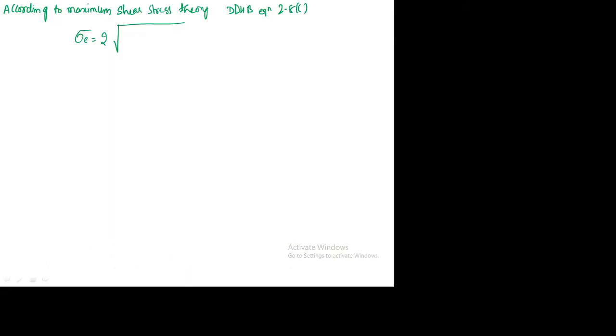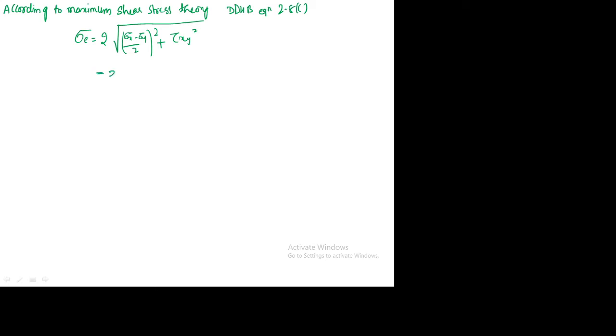Maximum shear stress theory, 2.8c. So sigma E equals 2 square root of (sigma x minus sigma y divided by 2) square plus tau xy square.